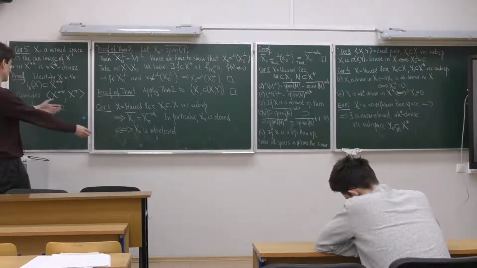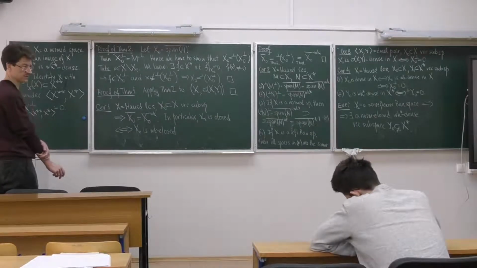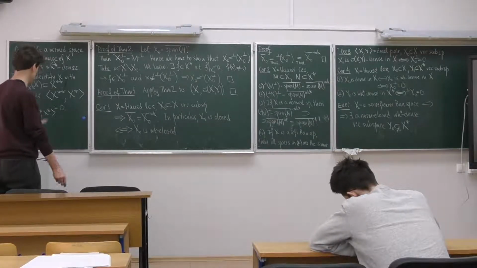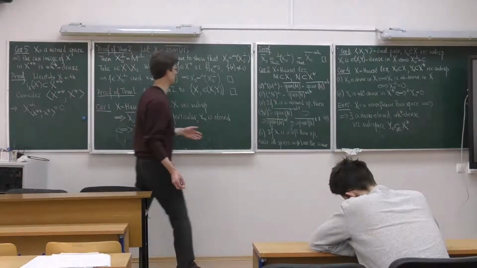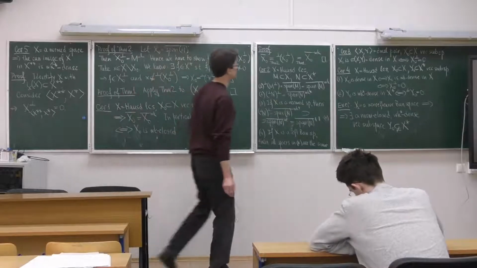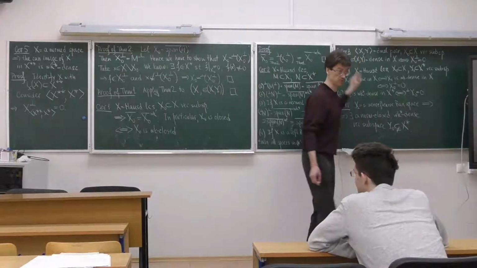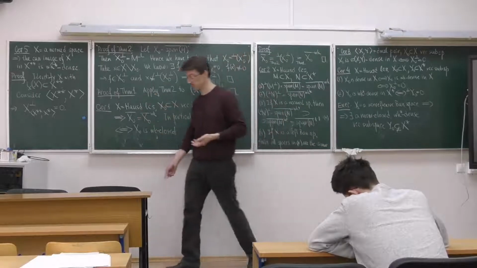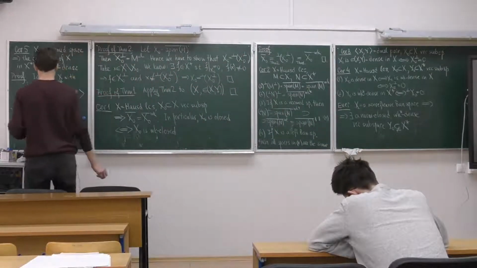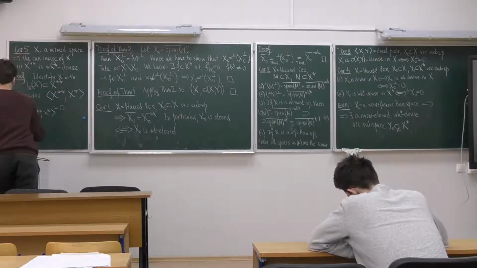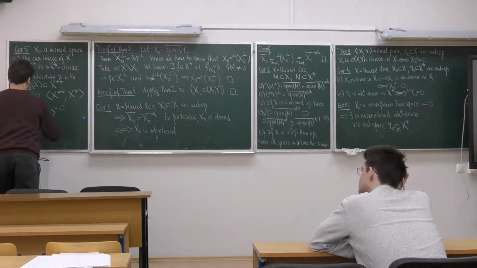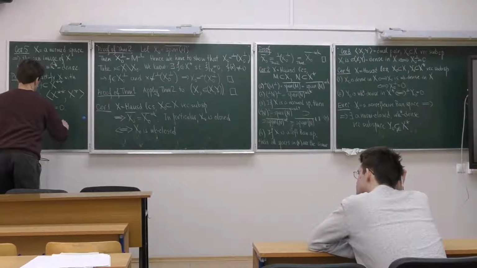This is 0 because if a linear functional vanishes everywhere on X, then it is 0. This is a tautology. So we apply Corollary 3 to this dual pair, and we see that X is weakly star dense in the bidual.